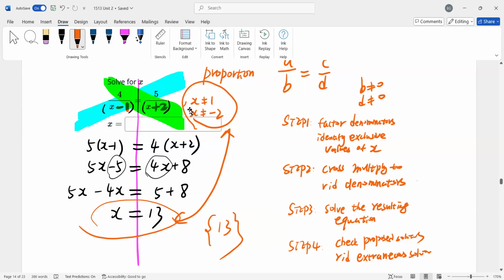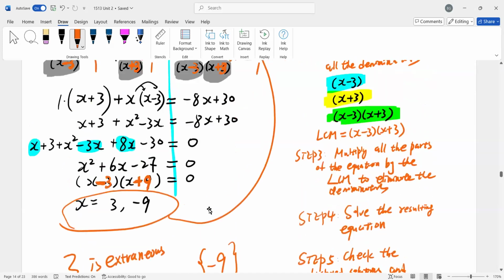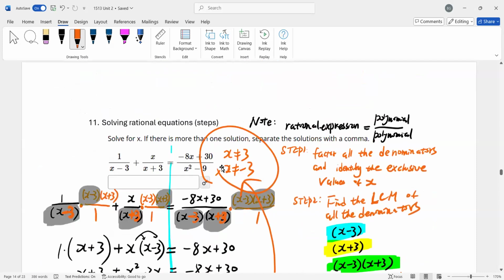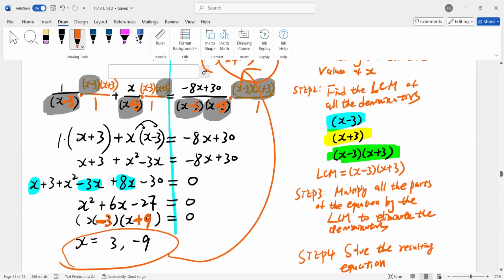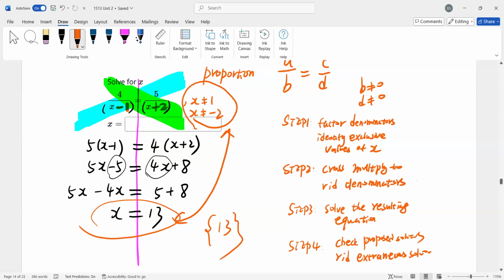First step, identify the exclusive values and write them clearly. And the last step, check your proposed solution to see if you have any contradiction. If you do see contradictions like we had earlier, here is x equals 3, here's x not equal to 3, then that means 3 is the extraneous solution. You have to get rid of it, right? But if you don't see a contradiction like this one, then that means you do not have extraneous solutions, right?